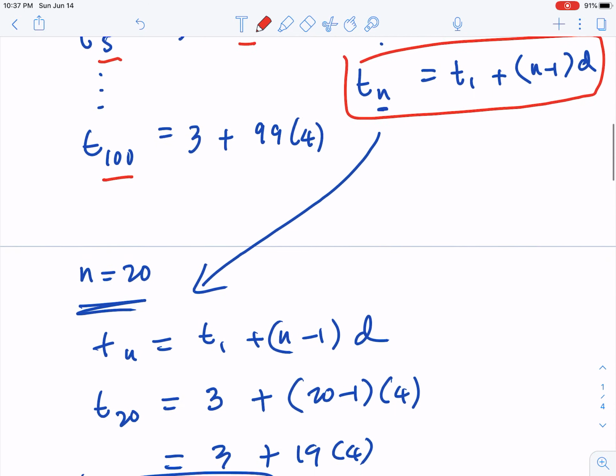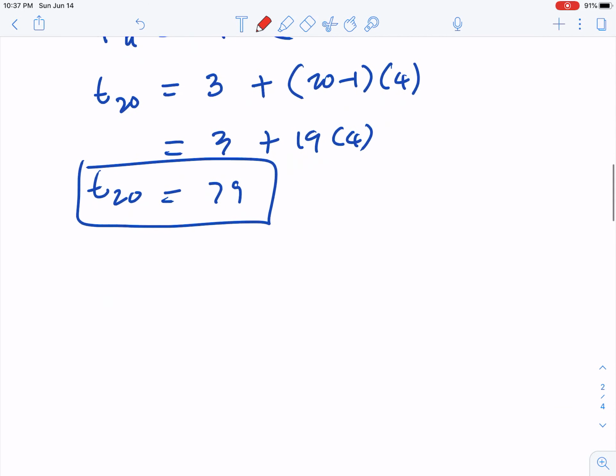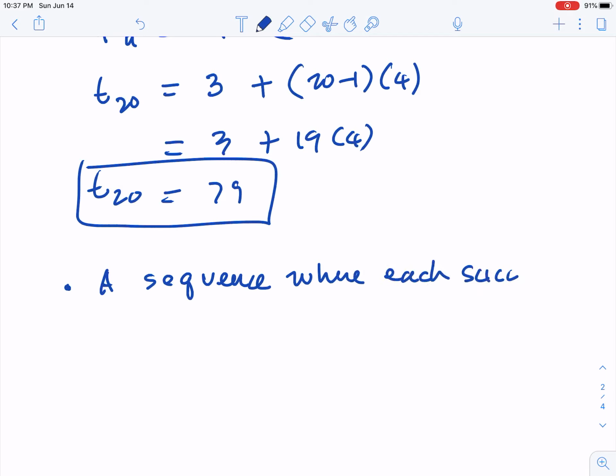So, before we end, formalize natin yung arithmetic sequence, no? So, a sequence where each succeeding term. Succeeding term. Yung susunod na term. Sabihin na succeeding term. Yung susunod.